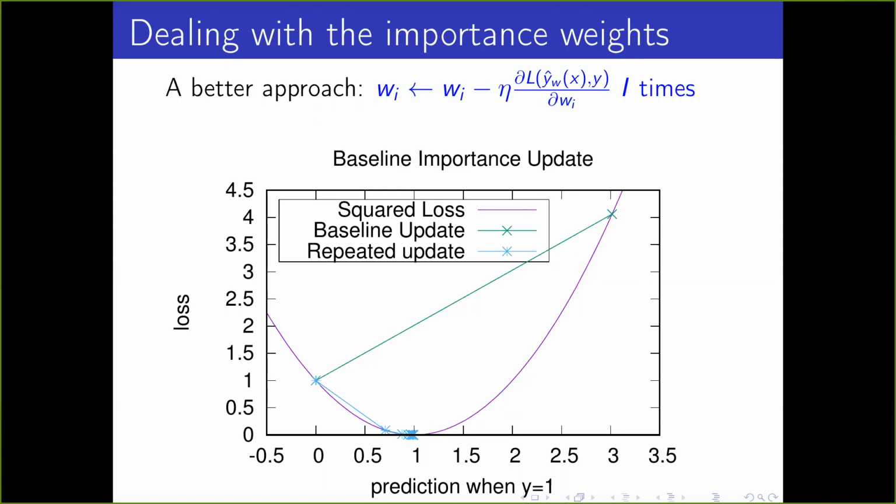This is another approach you can take, which goes a little bit further. You can say, well, I would like an update rule where 10 updates with importance weight 1 should be equivalent to 20 updates with importance weight 0.5, or 40 updates with importance weight 1/4, and so forth. So you can have a limit. You can ask, where do you end up in that limit?